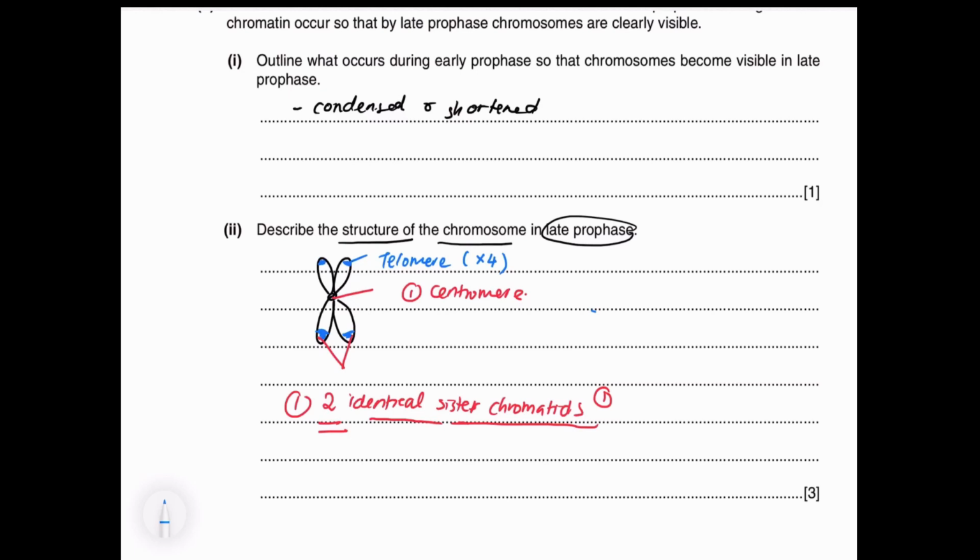But after anaphase, when the sister chromatid splits, where each chromosome only has 1 chromatid, then you will only find 2 telomeres. And one more point you can relate is that all the DNA, regardless whether you are in chromatin form or in chromosome form, is made up of double-stranded DNA coiling around histone protein.